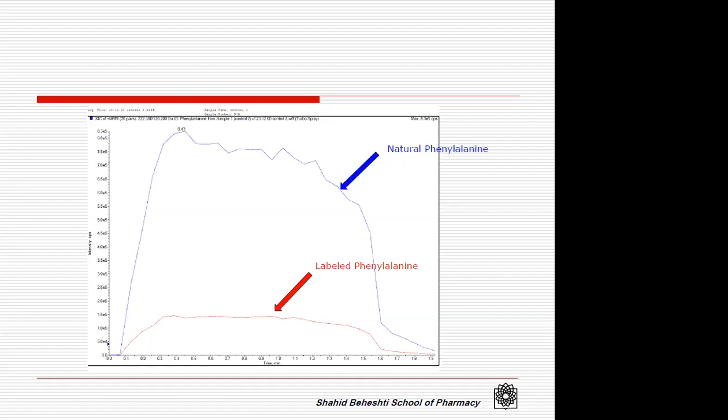So we don't have any column. We just inject the samples after extraction directly to the mass spectrometer. And since we have separate ion transitions for each biomarker, the instrument is going to discriminate all of them, and we don't have any interferences from the other compounds on the main compounds.